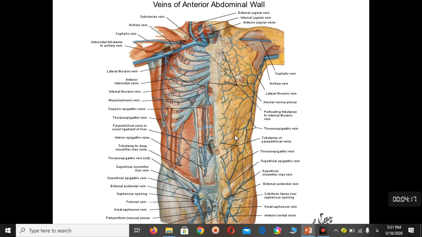After that, when we remove the superficial fascia, here we have the deep fascia and the anterior abdominal muscles. The anterior abdominal muscles are divided into two groups.